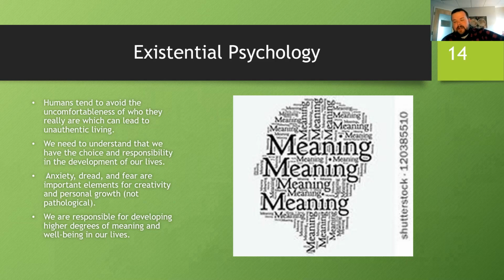And the other thing I want to say is, from an existential view, anxiety, dread, fear, those uncomfortable feelings we have are not seen as pathological. They have a purpose. They exist for a reason. So from these views, whatever emotion you feel, there is a reason why you're feeling that way. And rather than suppressing that feeling, allowing that feeling to be expressed will create new meaning and some sort of action.